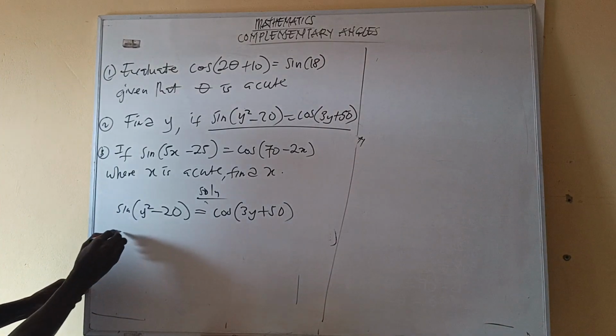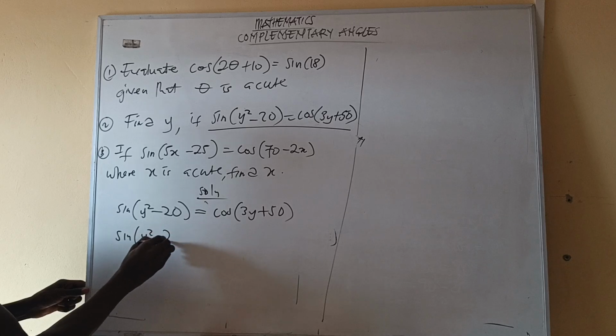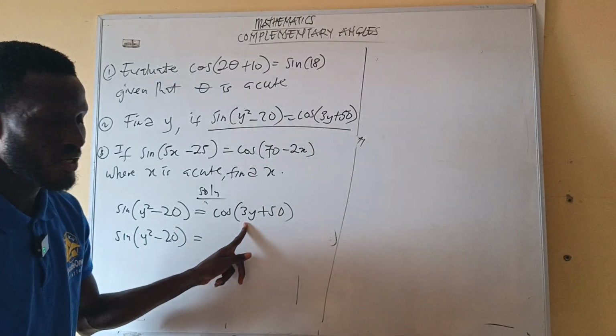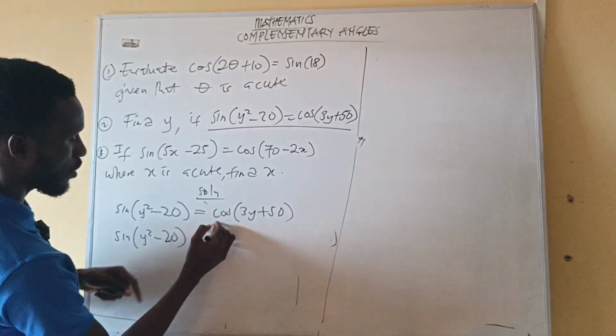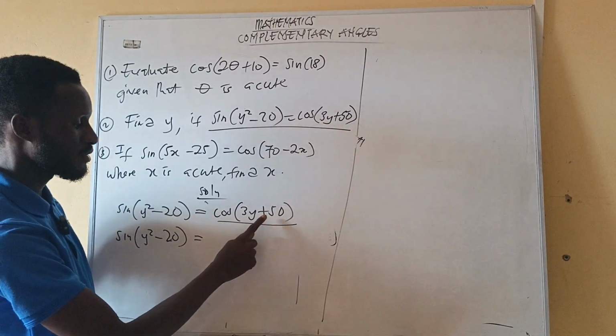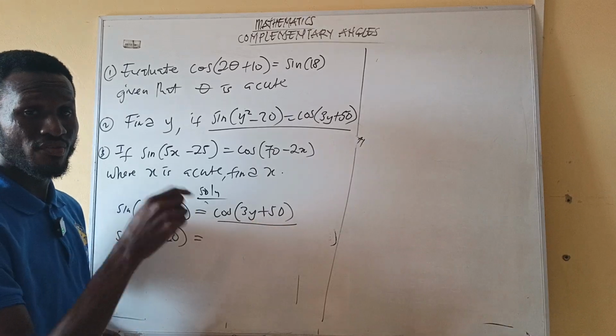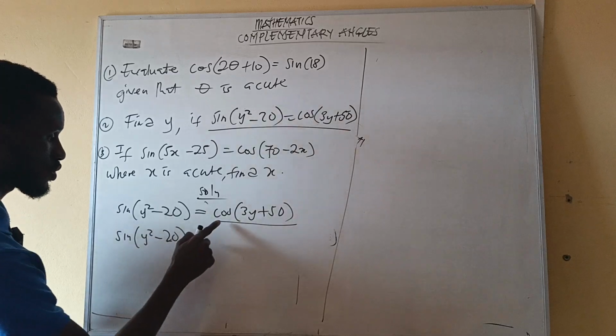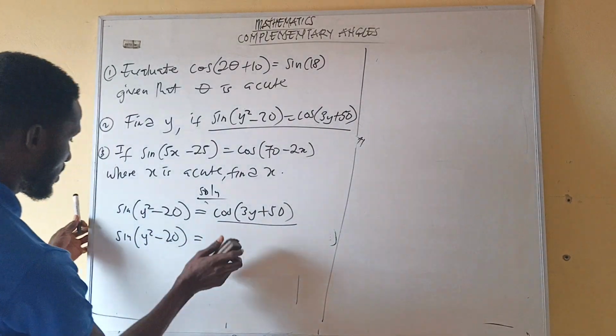So I'm going to have sine of y squared minus 20 is equal to, I want to change the cosine to sine. How do I change it? I have to subtract the angle 3y plus 50 from 90. Then I will change it to the sine.